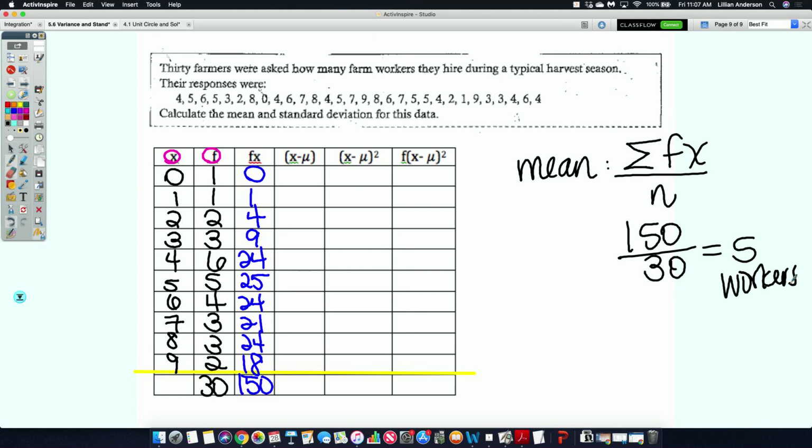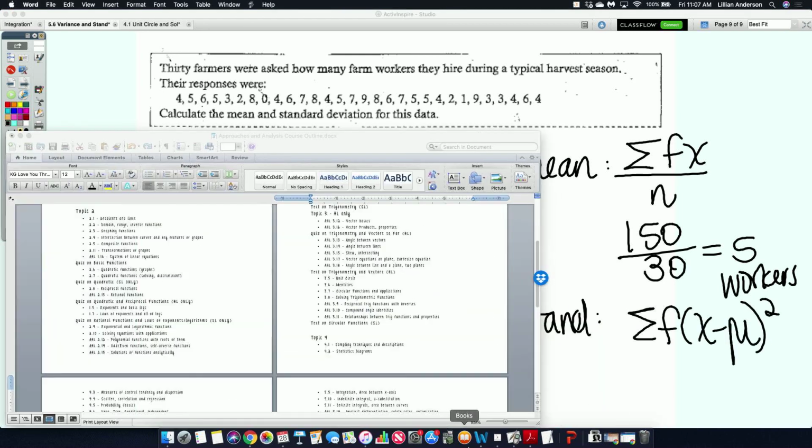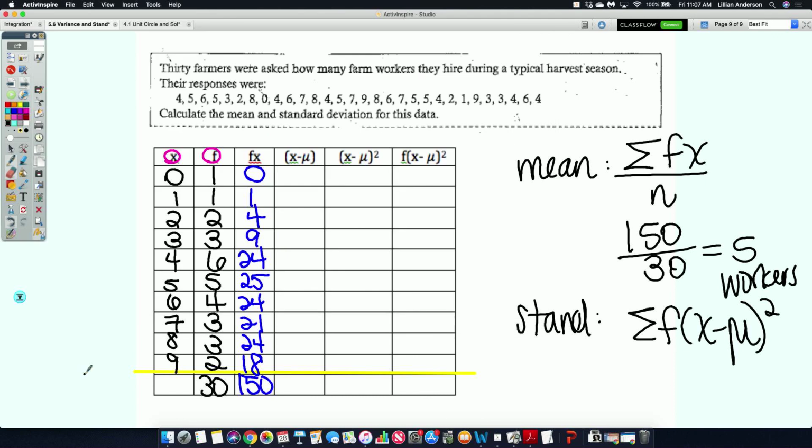Now we're going to complete the rest of the table to find my standard deviation. Okay? The formula for standard deviation, if you were to do it by hand, is the sum of all your frequencies multiplied by the difference of your mean and your x value squared, divided by your total number of data points, and then the square root of that.